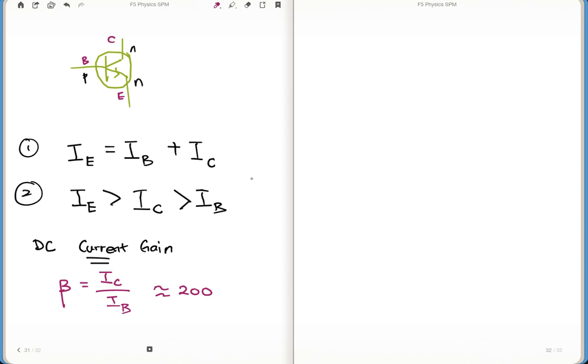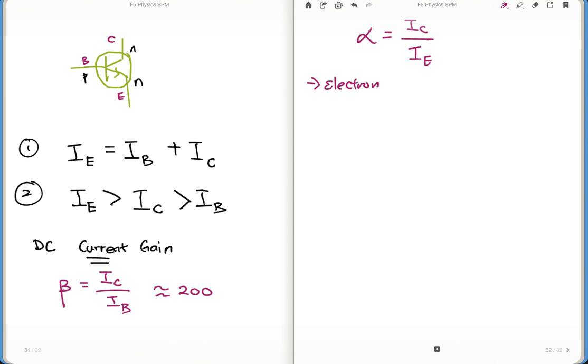In some other cases, for DC current gain, they would actually tell you the electron diffusion, or they call it alpha. Alpha is actually IC to IE. This ratio tells how electrons diffuse across the junction.